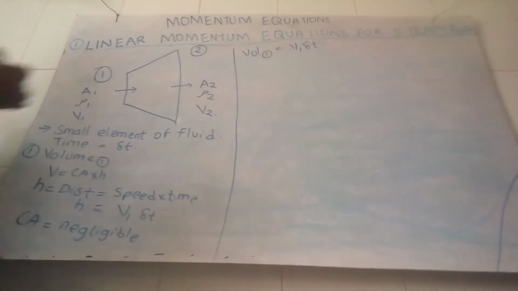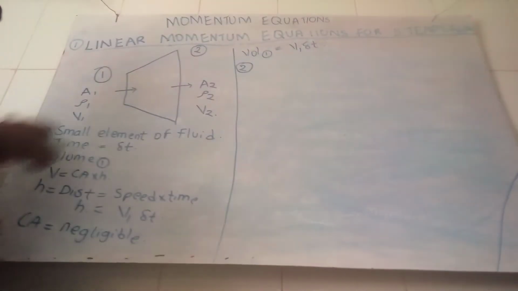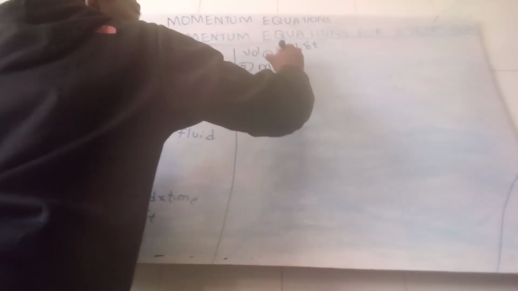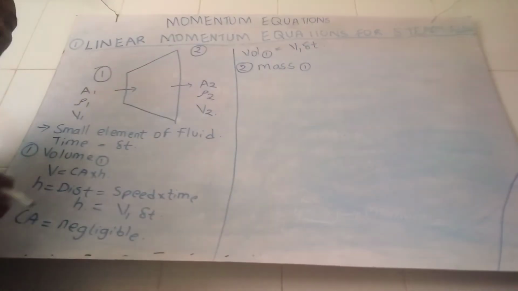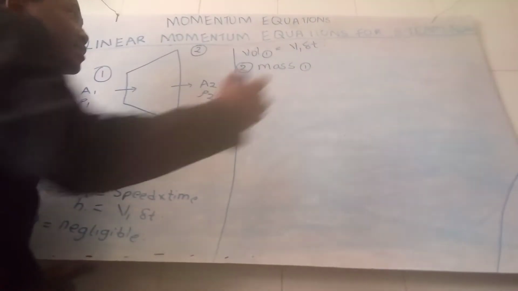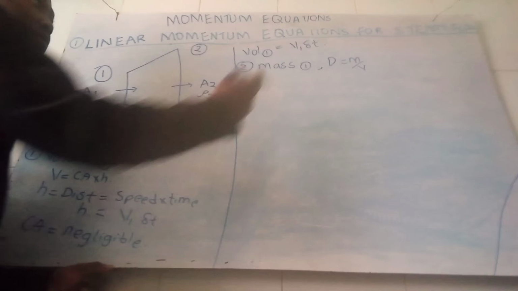Secondly, we look at the mass that is entering at point 1. Recall that density is given by mass over volume.